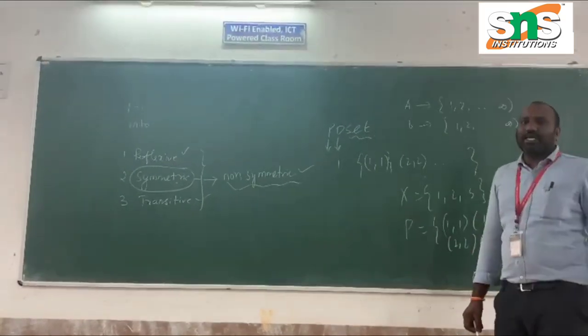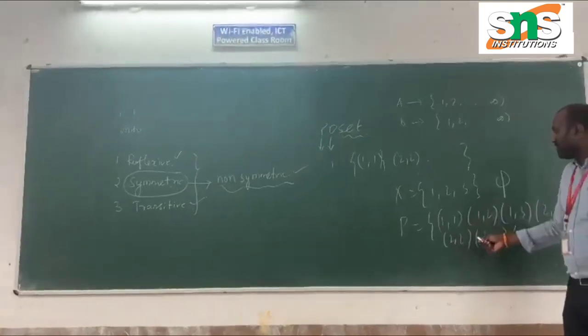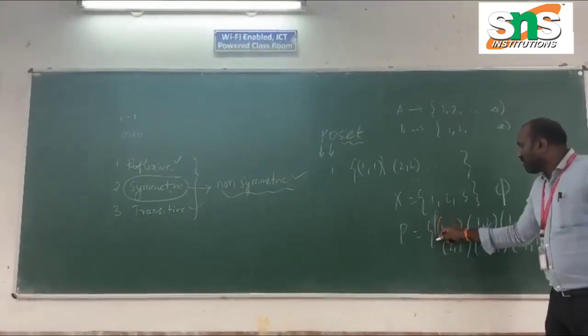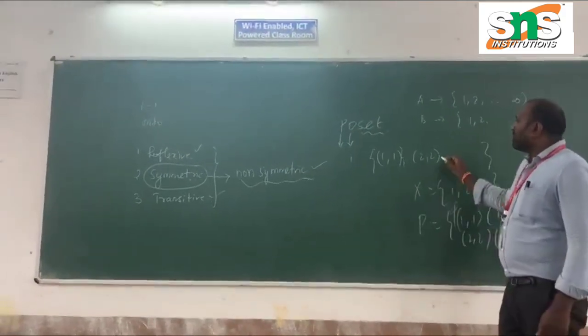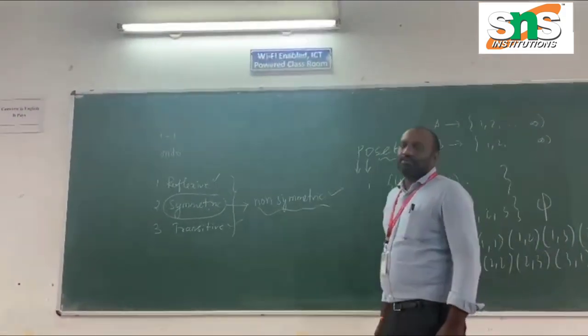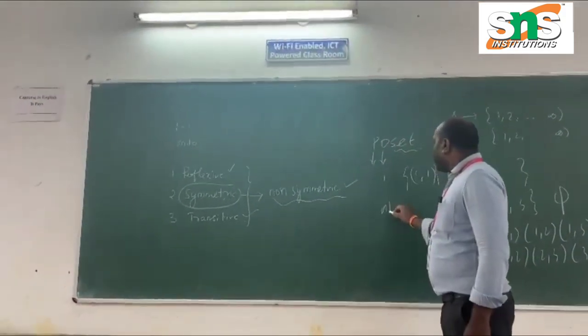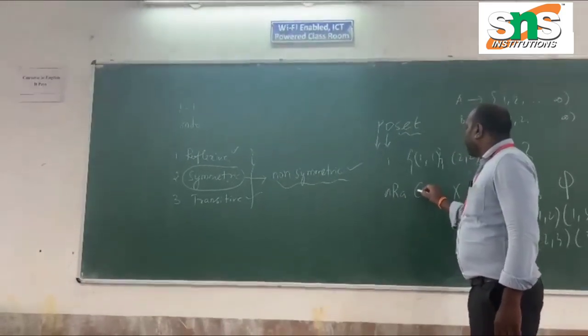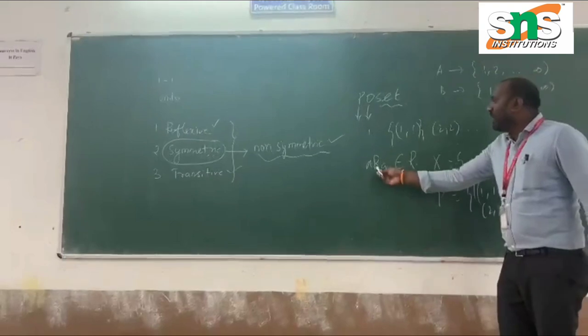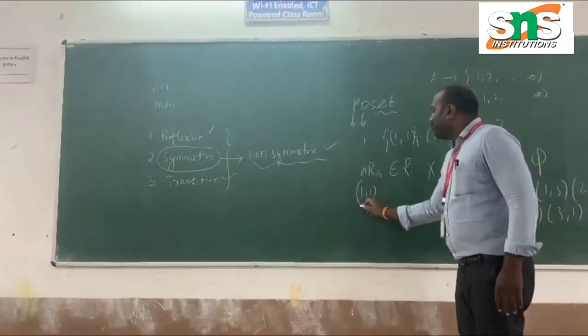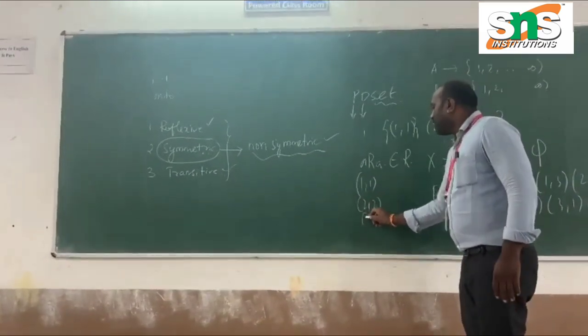Since all the sets are there, it is called reflexive, because (A, A) belongs to R. So the relation A to A, for example 1 to 1, 2 to 2, 3 to 3.